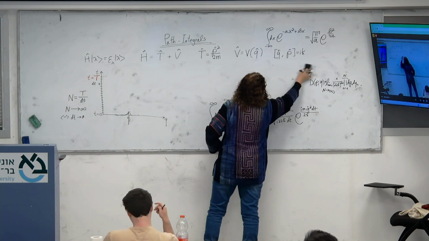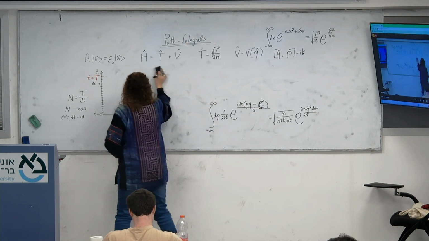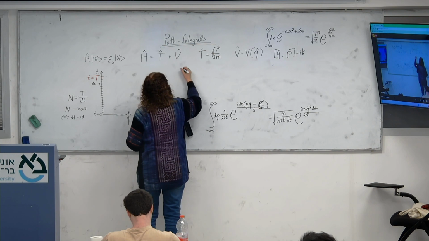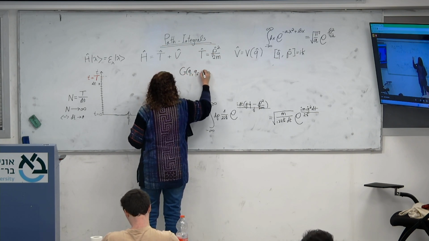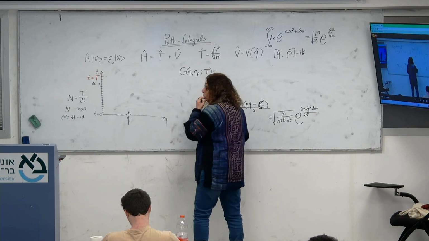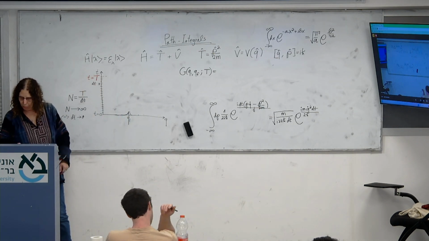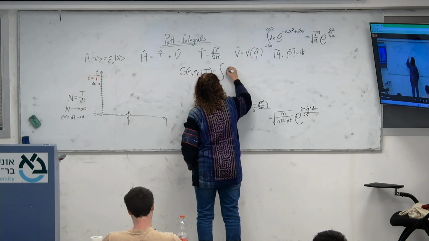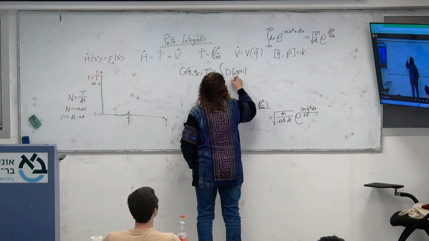Okay, so here is what it is. G of Qi, Qf, t is going to be an integral over Q of t.